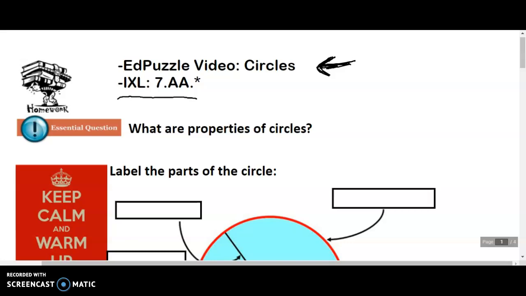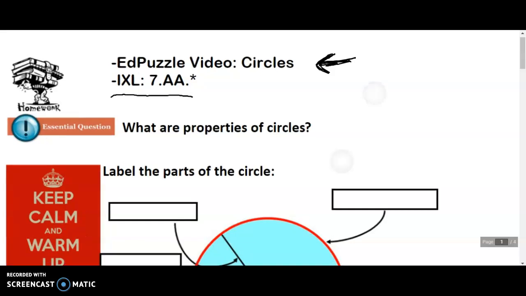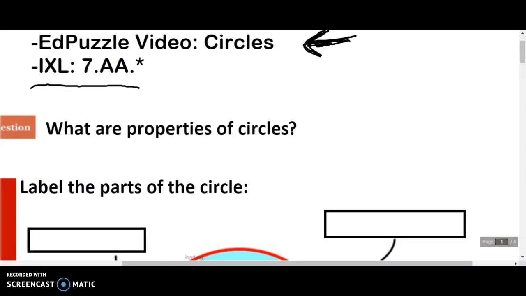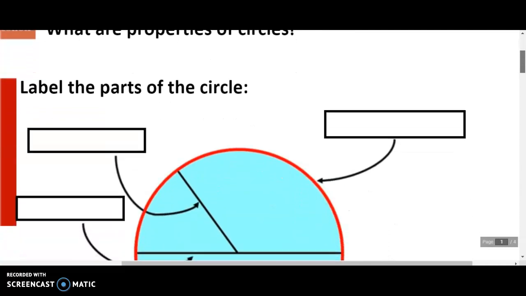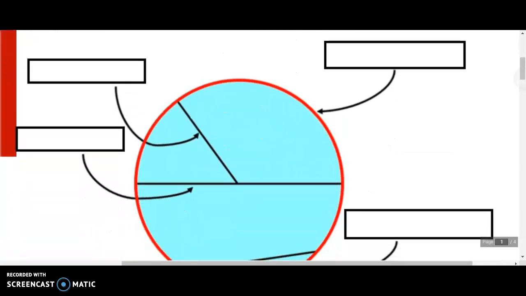So when we begin talking about properties of circles, first let's talk about the parts of a circle. It says to label the parts of a circle. Hopefully you just came over from watching the Ed Puzzle video, and so we noticed that there are some parts to a circle that we learned.